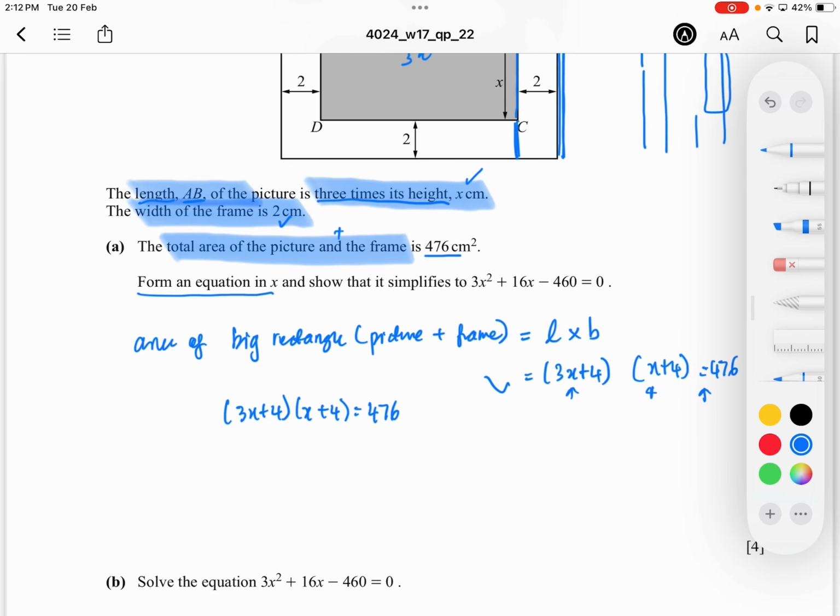Sekejap dulu. Do you understand that part? Getting this equation. Do you understand that part? Am I doing any calculation that you were not aware of? No. Area of rectangle, length and breadth. Pernah? Pernah. Finding the length, pernah? Finding the breadth, pernah?